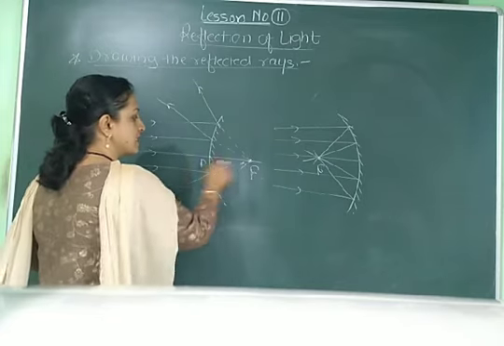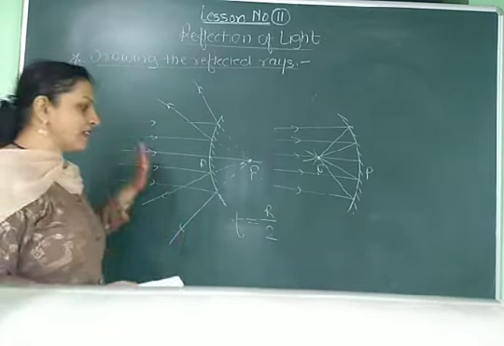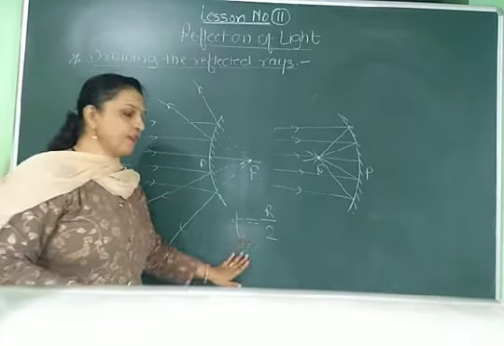This distance is called the focal length, represented by small f, and the focal length is always half of the radius of curvature.